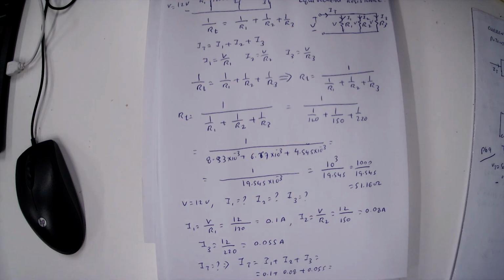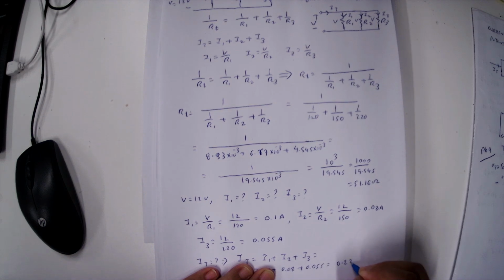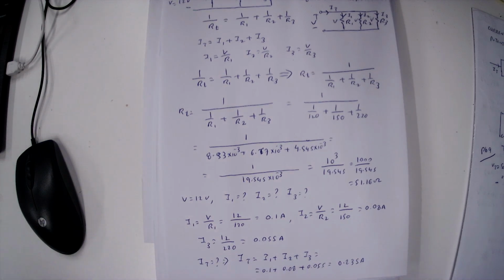Adding 0.1 plus 0.08 plus 0.055, we get 0.235 ampere. This is the way we can calculate the total current.